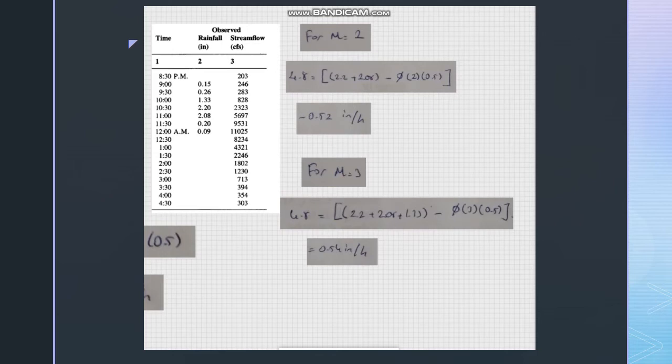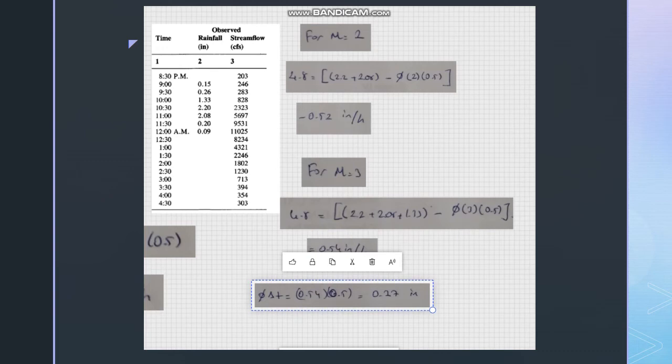It can be. Let's check it out. We need to multiply this phi with delta t, which is 0.54 multiplied by 0.5 hour, and that is gonna give us 0.27 inch. Let's go to our table and investigate it.